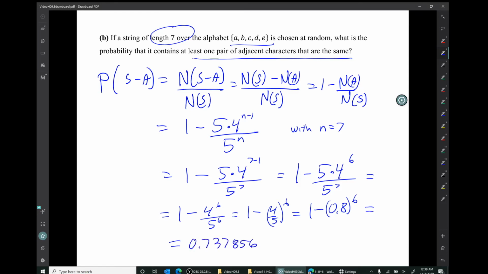So the probability is 0.737856. Notice that I did a lot of simplifying. It was just kind of fun to do this. 5 over 5 to the 7th is 5 to the 6th. And then we've got 4 to the 6th over 5 to the 6th, so that's just 4/5 to the 6th. So this can be simplified quite a bit.